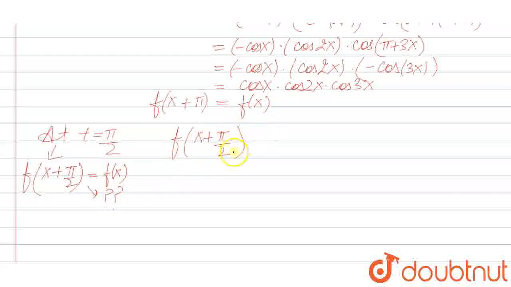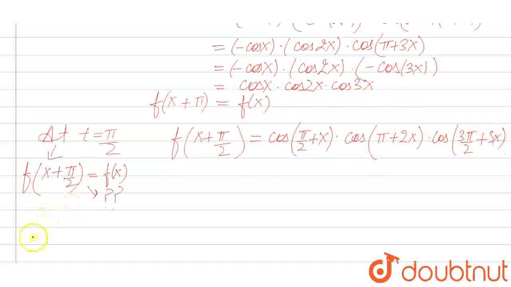So f of x plus pi by 2 can be written as cos of pi by 2 plus x into cos of 2 times pi by 2 plus 2x, so this becomes pi plus 2x, into cos of 3 pi by 2 plus 3x. Now cos of pi by 2 plus x is minus sin x, cos of pi plus 2x is minus cos 2x, and cos of 3 pi by 2 plus 3x is equal to sine of 3x.